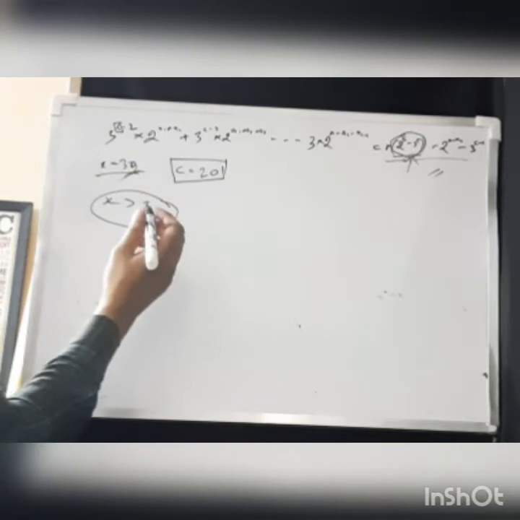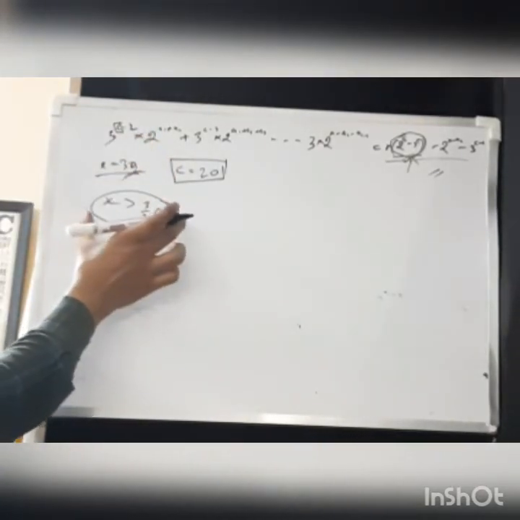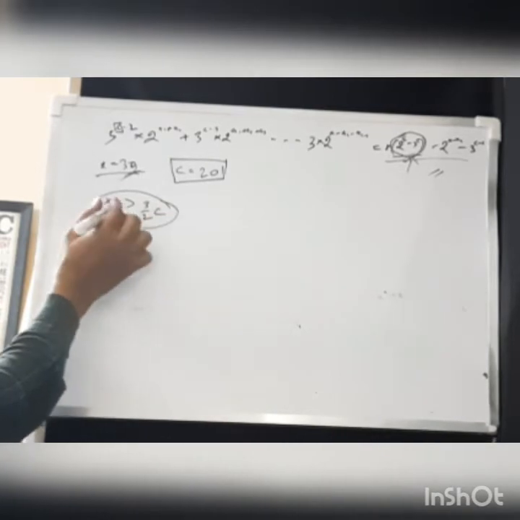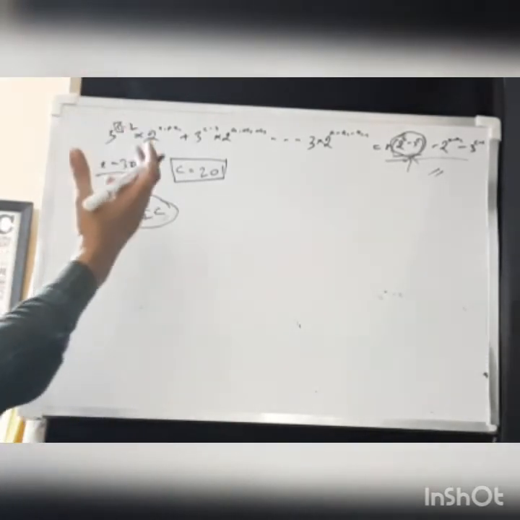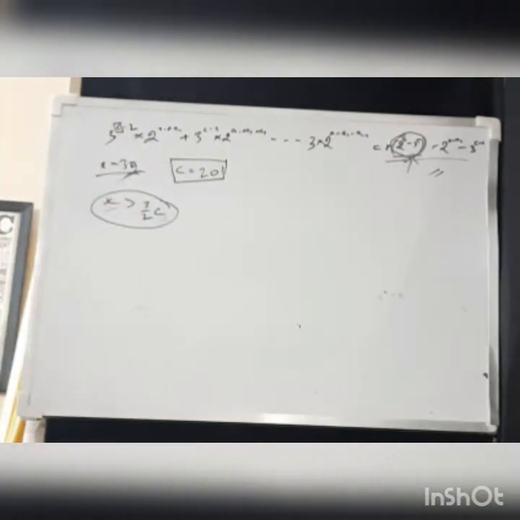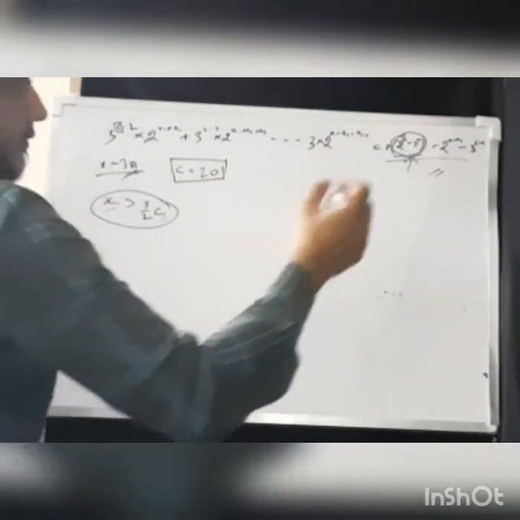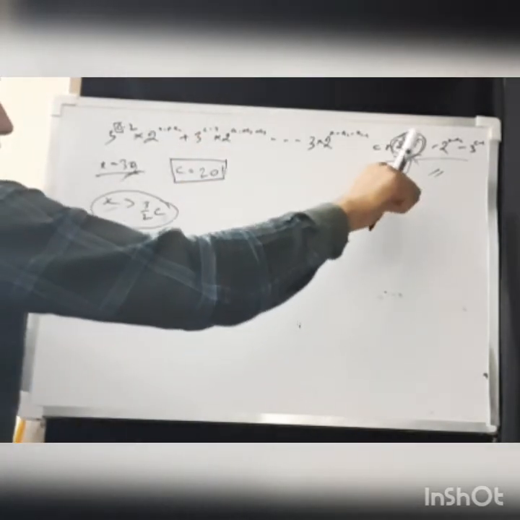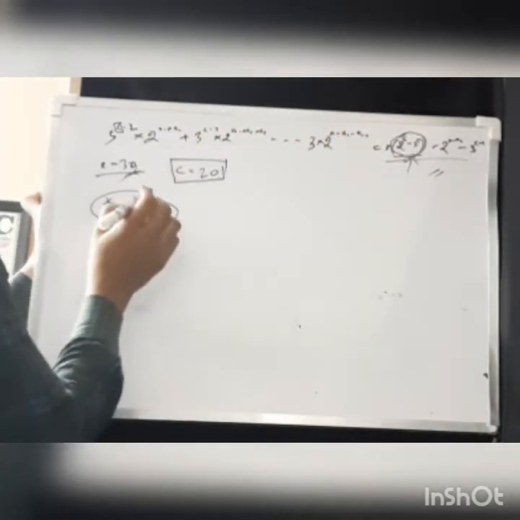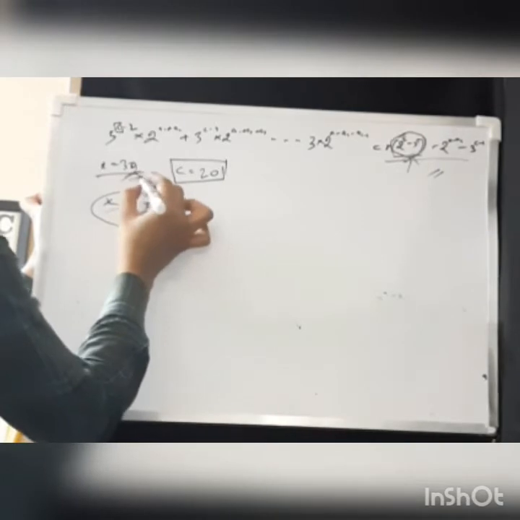At the very minimum, x has to be greater than 3/2 times C. That's the cost of it being positive. And remember that I'm minimizing this, so for it to be minimum, x has to be 32.